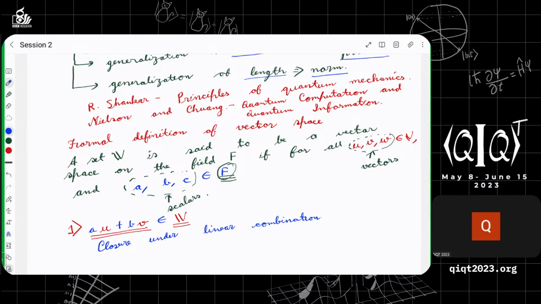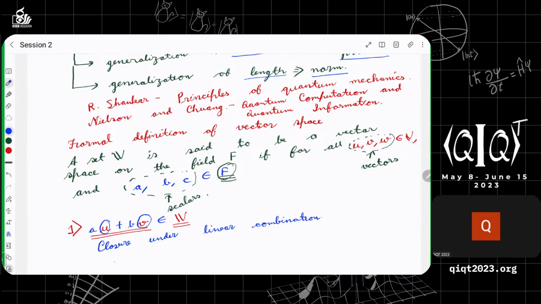To relate this, you can take the example of real space again. Let's say these are two position vectors, r1 vector and r2 vector, and the field is the field of real numbers. If you take two real numbers, multiply them with those vectors and add them, you will again get another vector in the space of real numbers only.